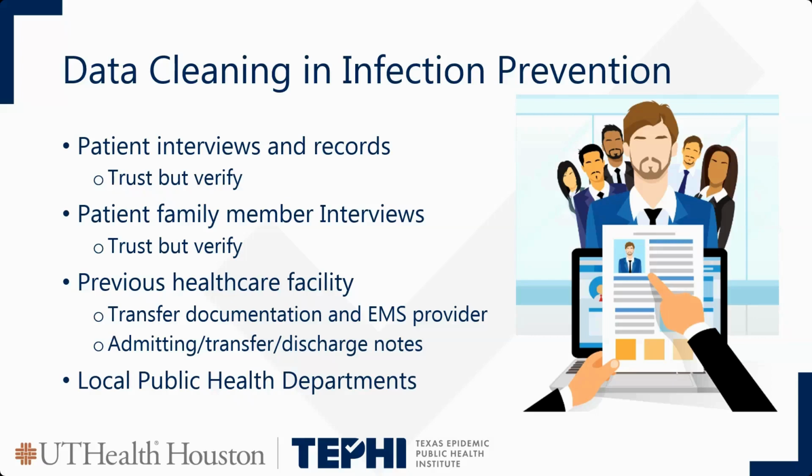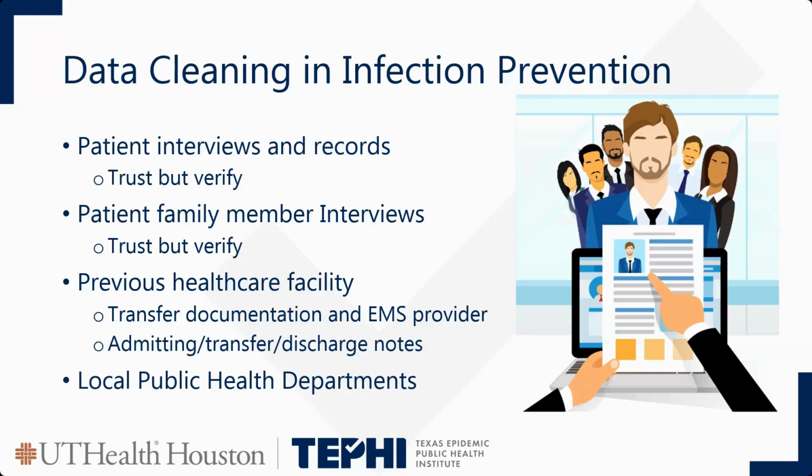So with the information obtained from the patient and the family member, then verify it with the previous healthcare facility, either from your transfer documentation and information that EMS provided to you, and then following up with admitting and transferring or discharge notes from the facility that you were receiving the patient from.